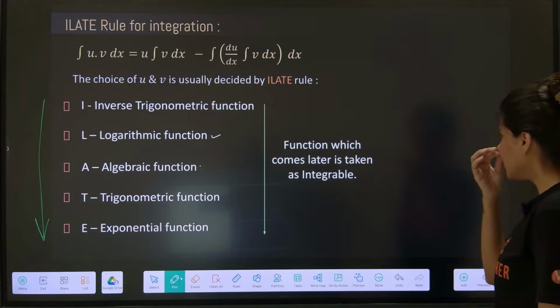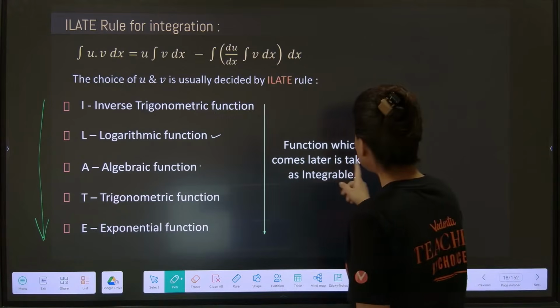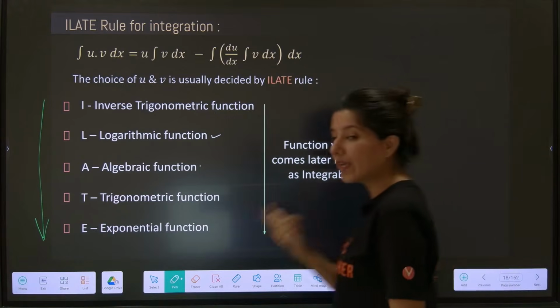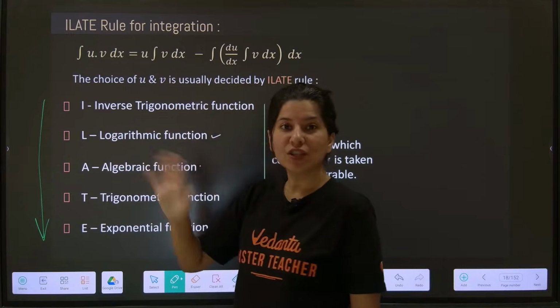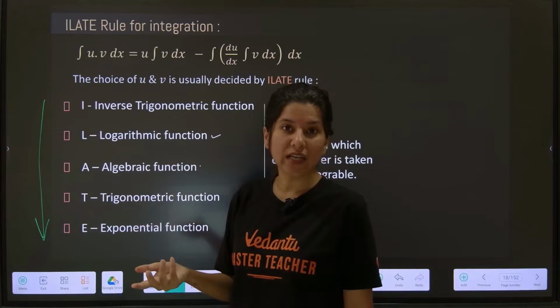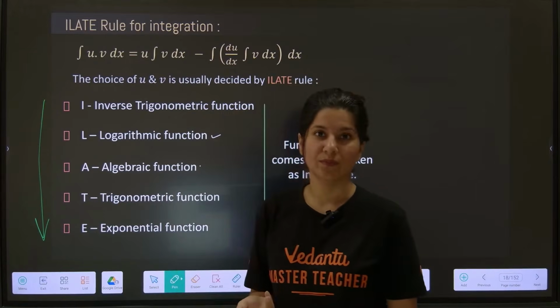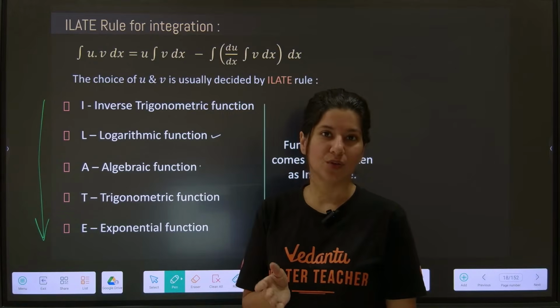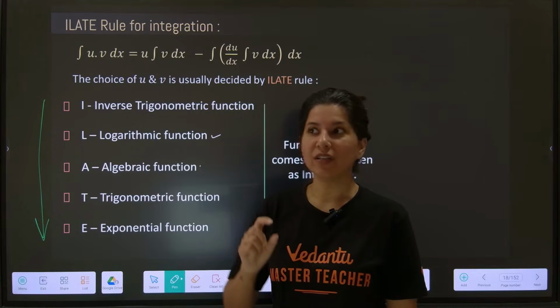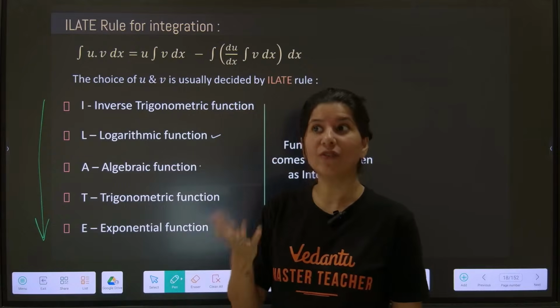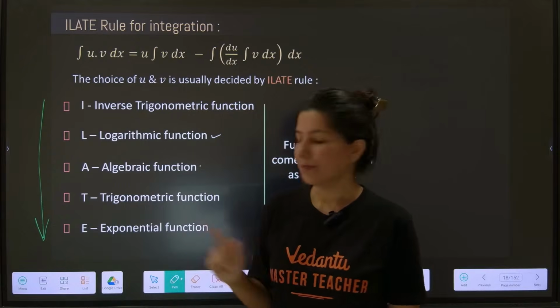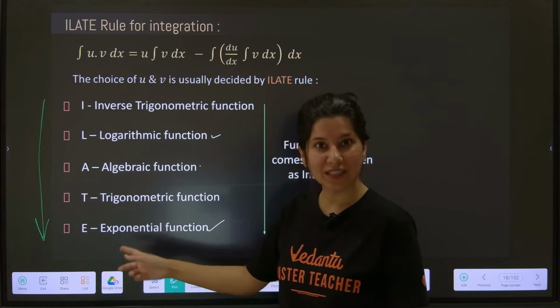The function which comes later is taken as integrable. Now why is this happening? Because we do not know the integration of sine inverse x. Do we know? No. Have we seen any formula? No. We have no formula for integration of inverse trigonometric functions. We have no formula for integration of log x also. But we do have a formula for e power x.